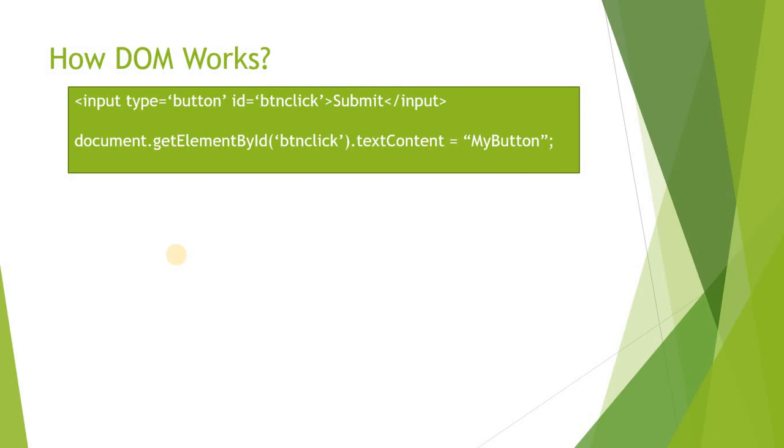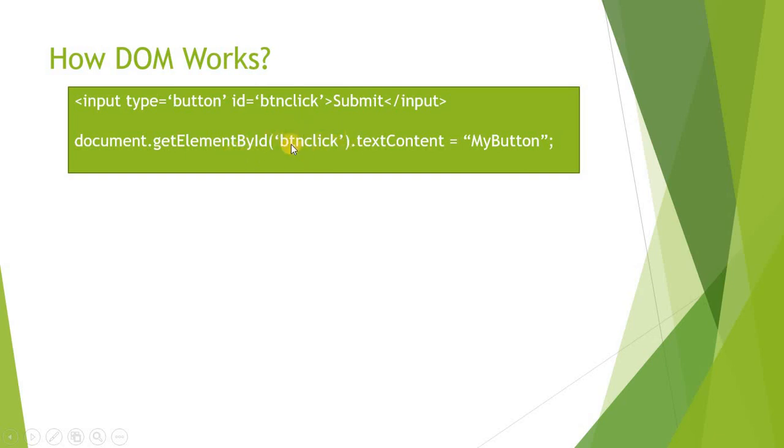How does DOM work? Suppose you create a simple button in your web page which you define with the ID of btnClick. If you want to change the title of the button, the default is submit, using JavaScript code, that is document, which represents your document object model, and use the method getElementById.